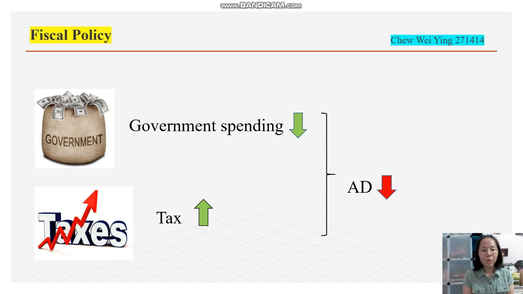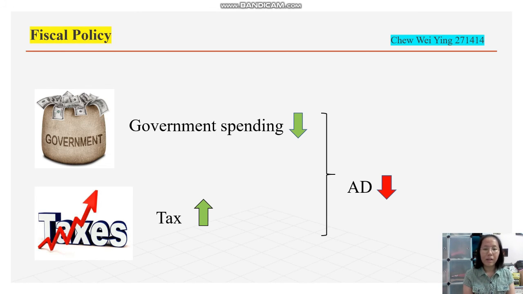First, the fiscal policy. To overcome inflation when aggregate demand exceeds aggregate supply, the government needs to use fiscal policy, which is to decrease government spending and increase taxes. When taxes increase and government spending decreases, the disposable income of consumers will decrease.